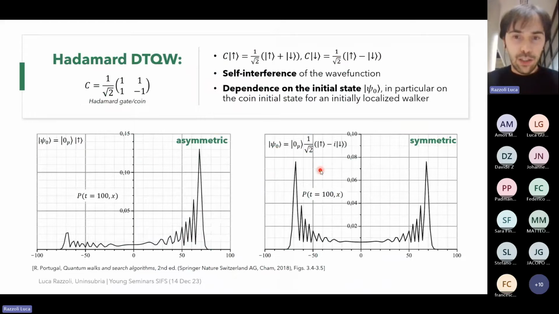In both cases, the walker is initially localized at the origin of the infinite line. But in this case, for this initial coin state, we obtain a final probability distribution which is asymmetric. So there is a bias, a directionality in this walk. Instead, if we consider a different initial coin state, we can obtain a symmetric probability distribution.